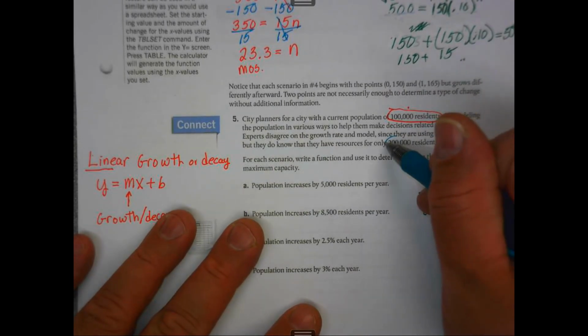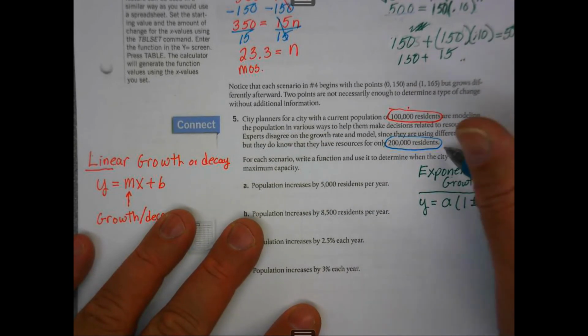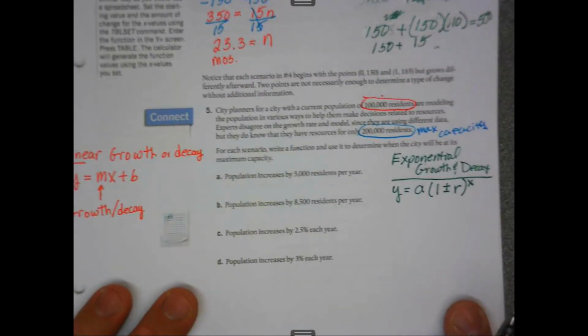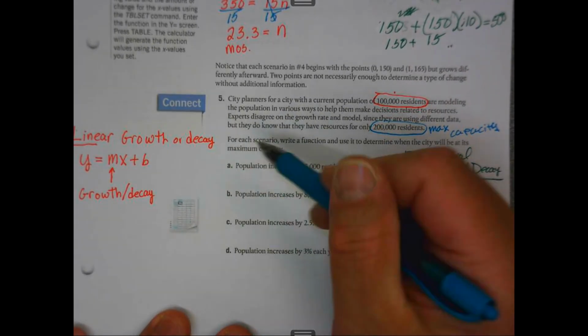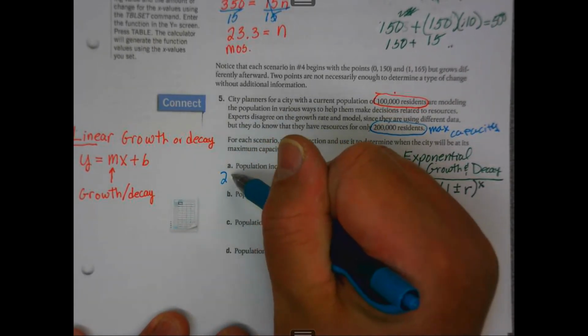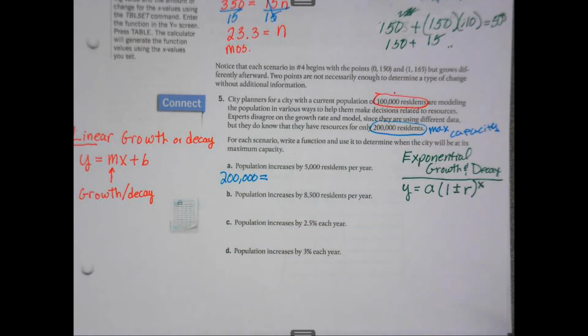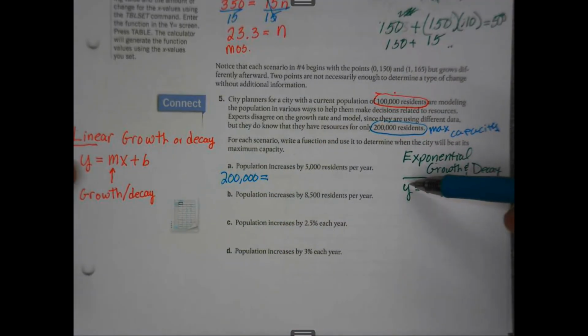So their maximum capacity is 200,000. For the maximum capacity, we're always going to have the 200,000. That's going to be our y because we can't go any higher.